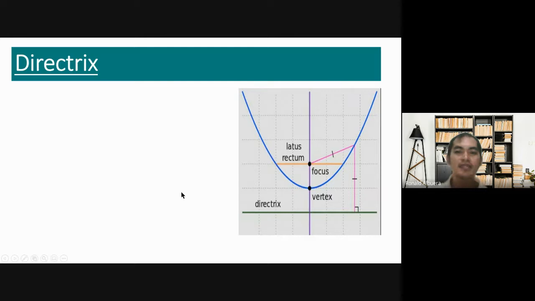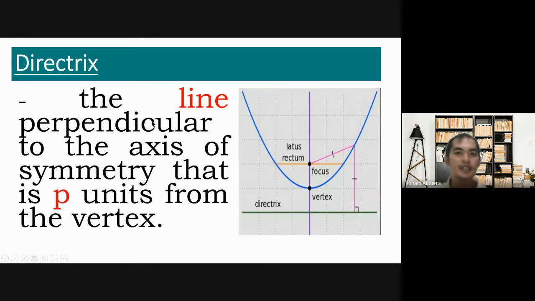Okay, how about directrix? It's a line perpendicular to the axis of symmetry that is P units from the vertex. Okay, so ito yung directrix. And the distance of the directrix from the vertex is P. Okay?